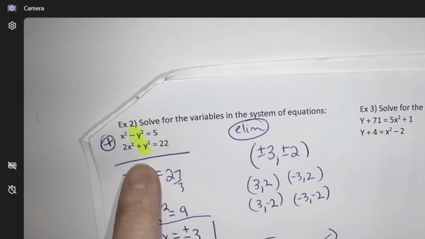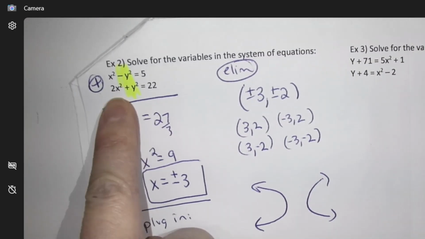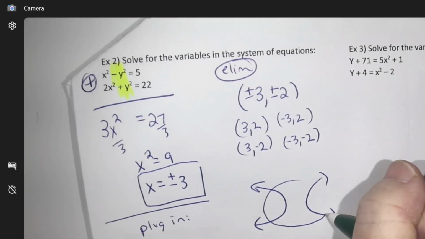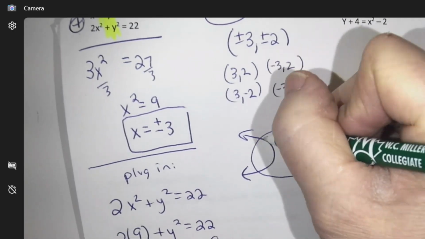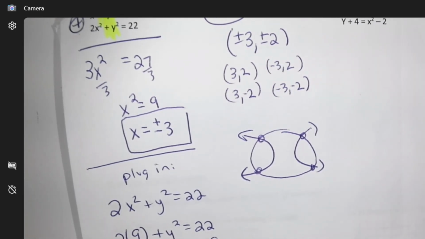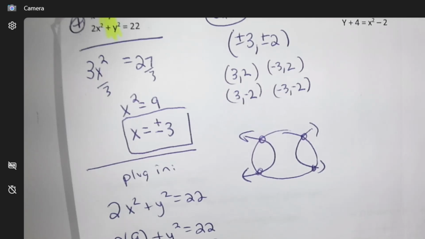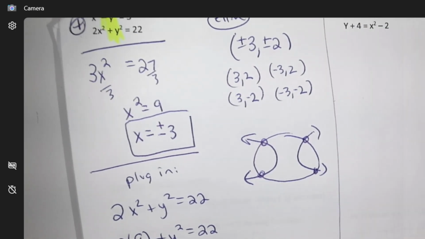And this one is an oval shape. It makes an ellipse. Guess how many times they intersect? They intersect 4 times. That's where it's coming from. Okay, so you don't need to know how to graph that, but I'm just showing you why there happened to be 4 coordinates.